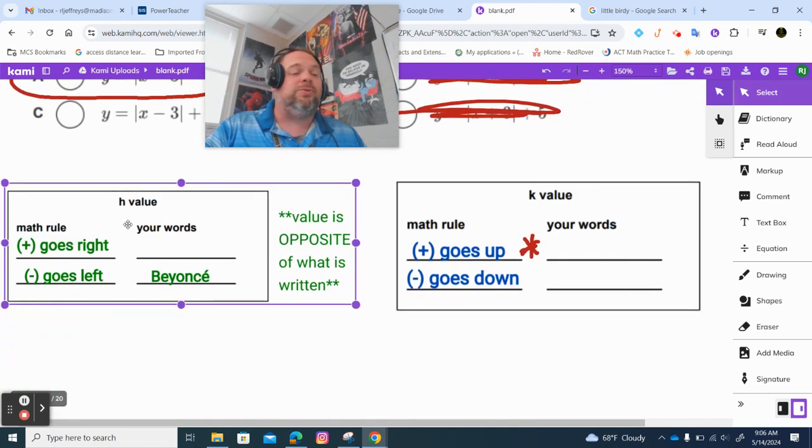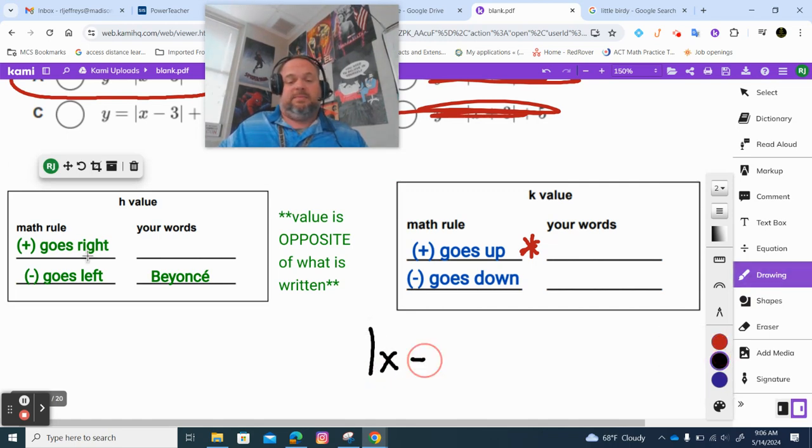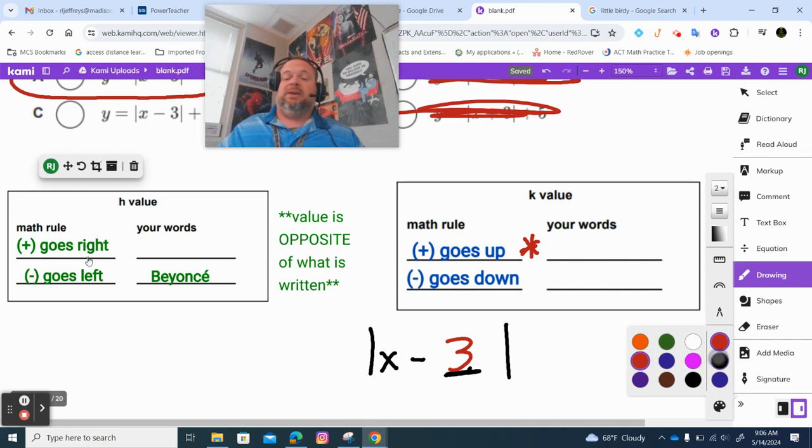The math rule is when the H value is positive, it goes to the right. Think about it. If I put a positive 3 in there, it's going to stay like this.